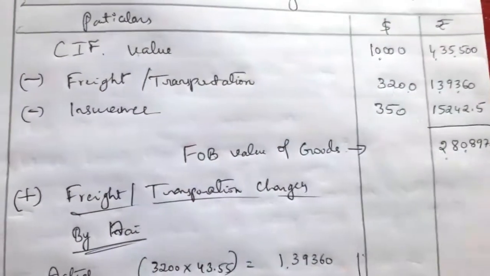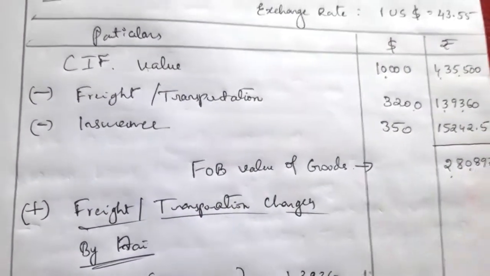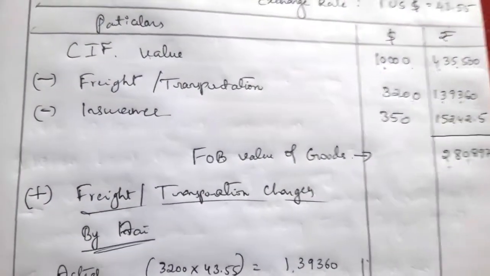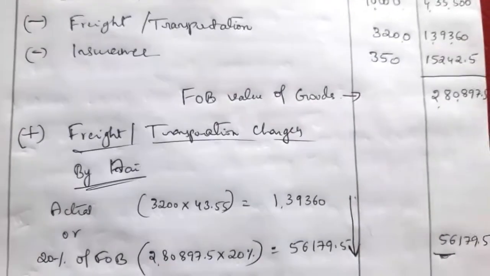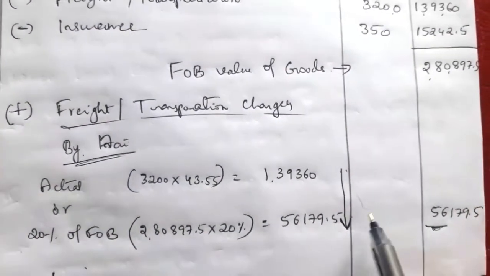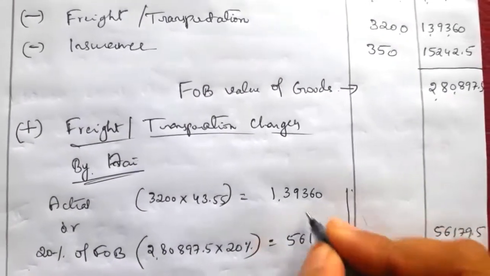So here in this illustration, CIF value is given directly, and along with that the import is by air is given. So when an import by air is given, then we have to apply the condition actual or 20% of FOB, whichever is least we have to take.